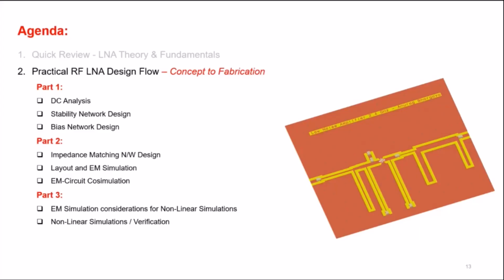If you do an ultra broadband multi-octave design or an octave design, you need to do a lot of things like using a feedback loop. You work on gain bandwidth product, all those fundamentals which you might have read in third or fourth year of your engineering. Doing such things on PCB is possible, but then the overall size requirement increases, because you might need a 2-stage or 3-stage design, and that will increase the PCB size by a very large amount.